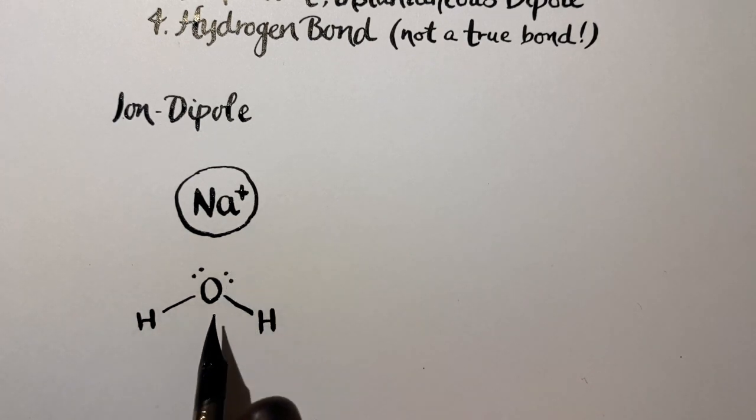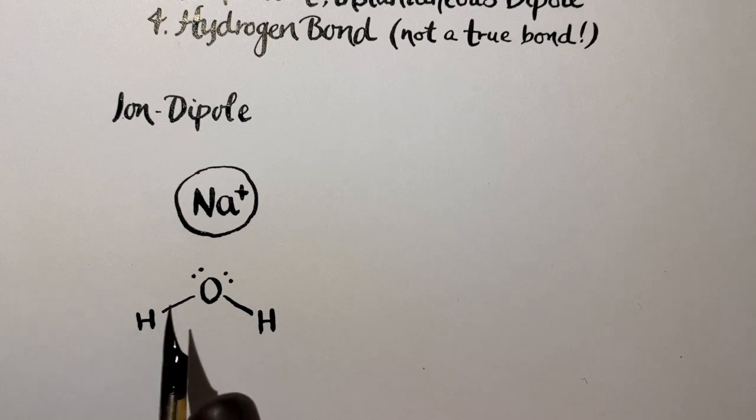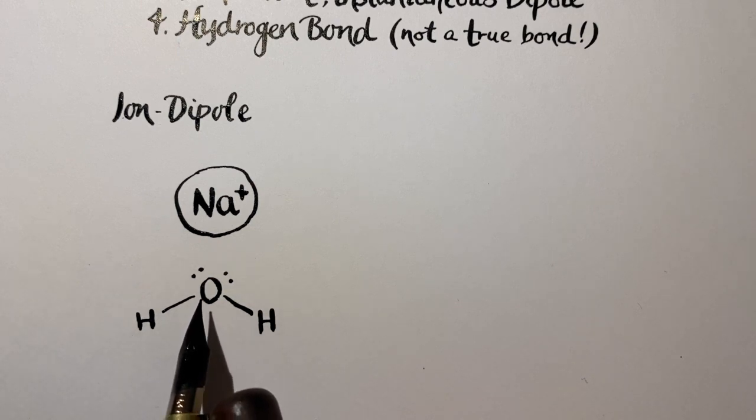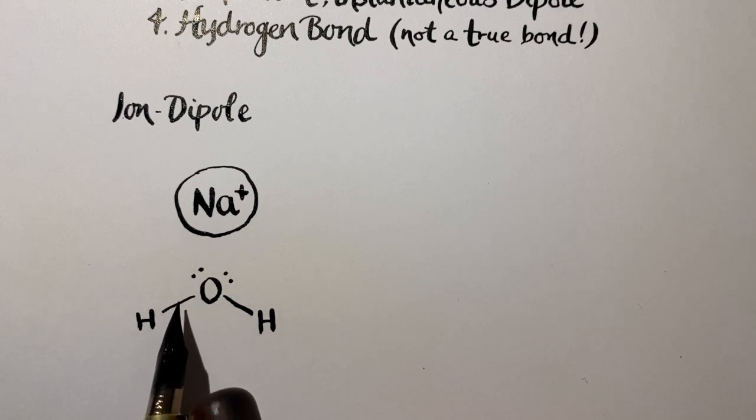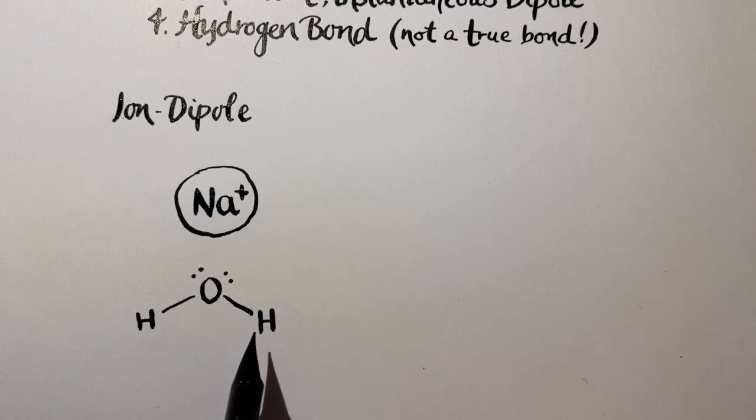And if we think about something called electronegativity, that is a characteristic that all different elements have, and it gives you information about how good an element is at pulling electron density towards itself in the context of a chemical bond.